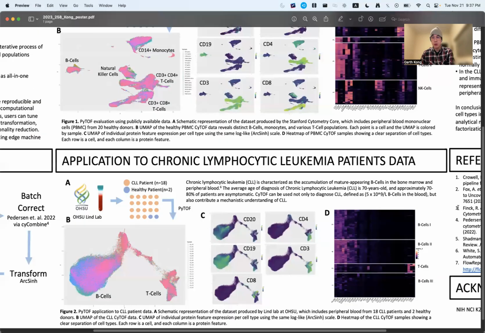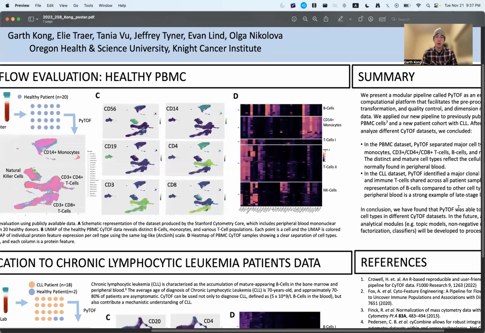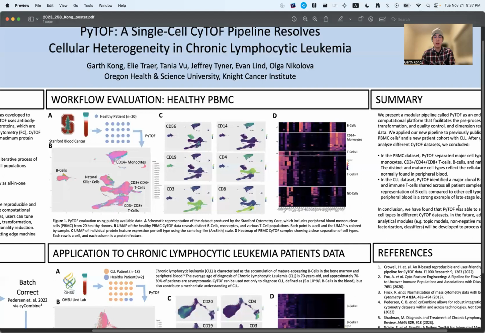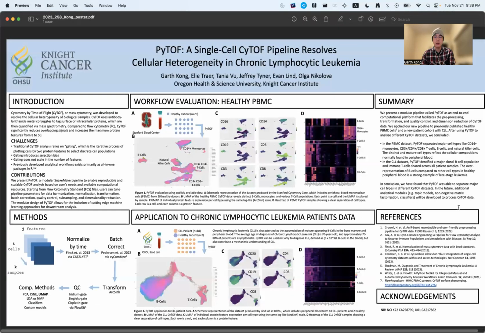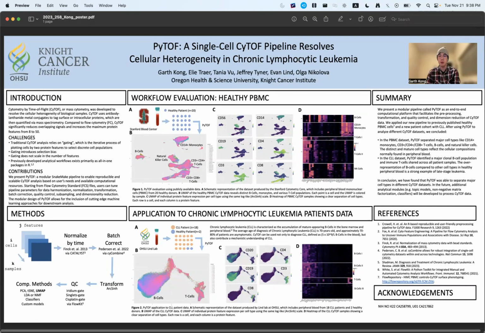Overall, what we have learned in this project is that, yes, CyTOF datasets can be analyzed using traditional single-cell bioinformatic methods like dimension reductions and heat maps.